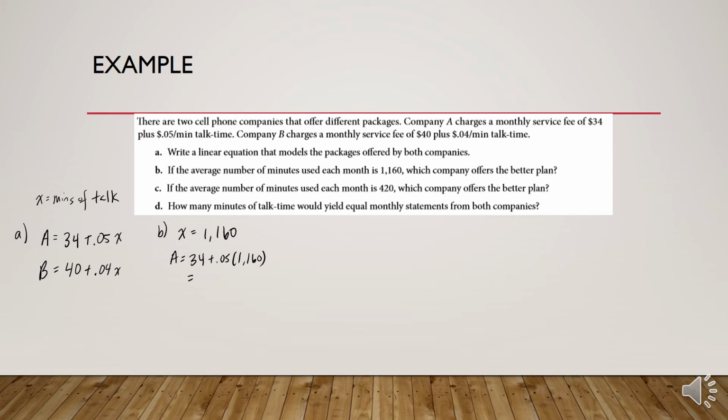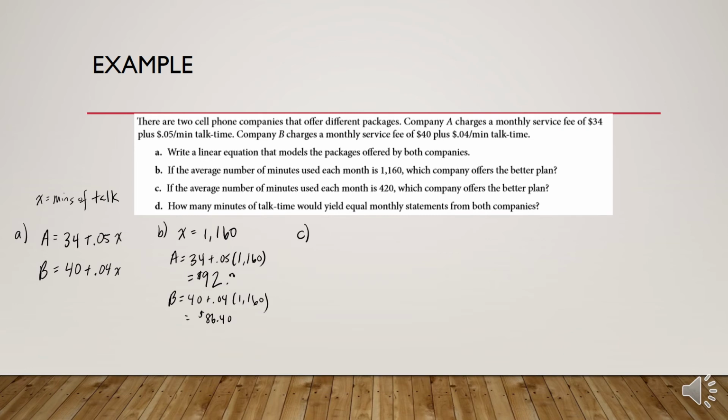You can feel free to type this in your calculator, but I got $92. For company B, theirs was 40 plus 4 cents times 1,160, and that gave me $86.40. So I think if you were going to talk on average 1,160 minutes each month, it looks like company B would be the better choice for you.